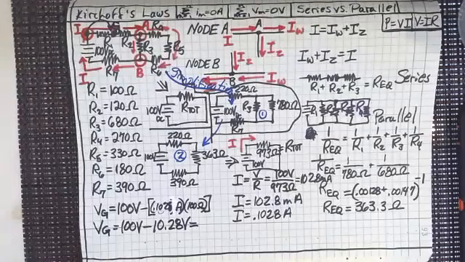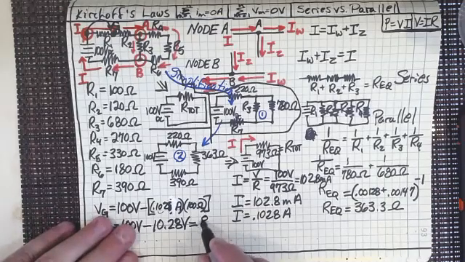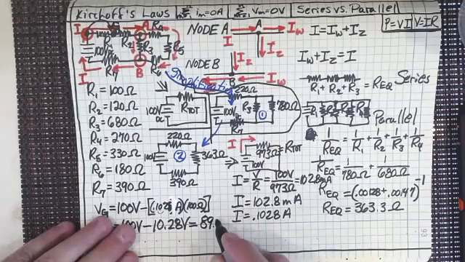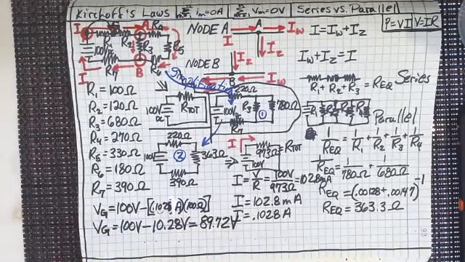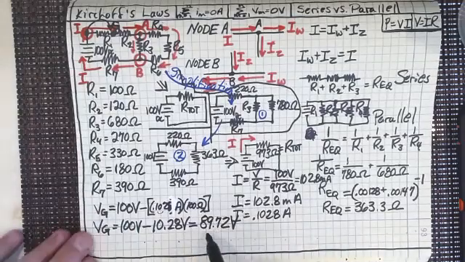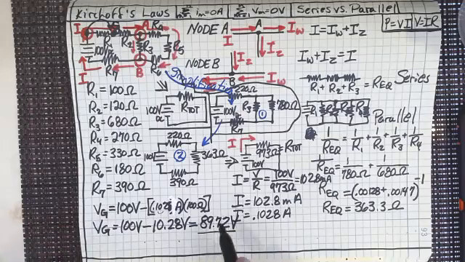Yeah, that's 42, right? 42.7? No, of course it's not. It's 89.72 volts, isn't it?